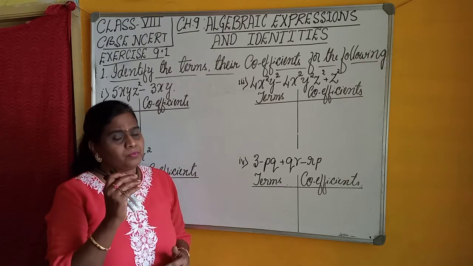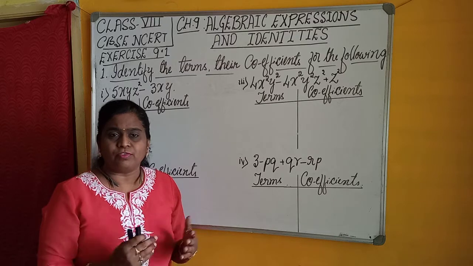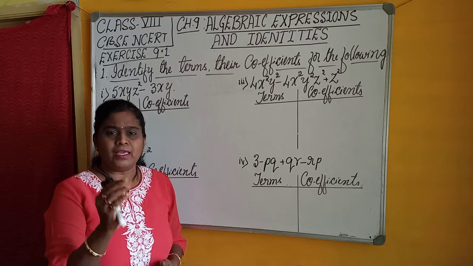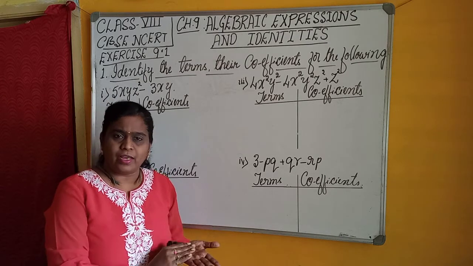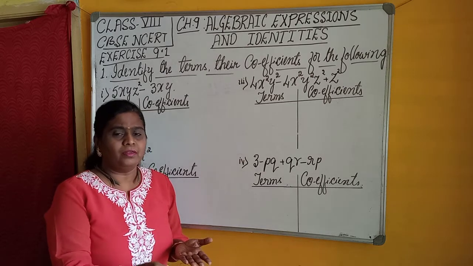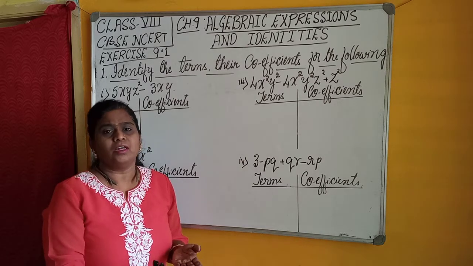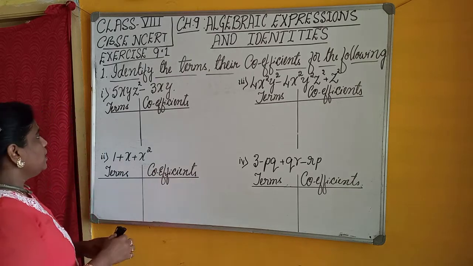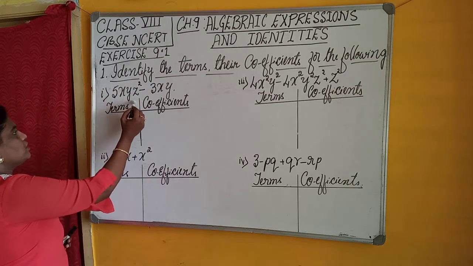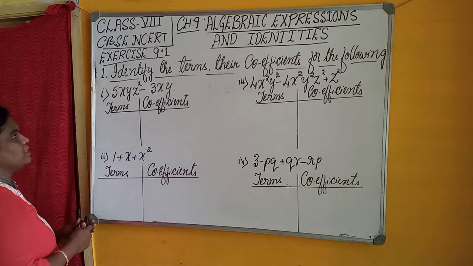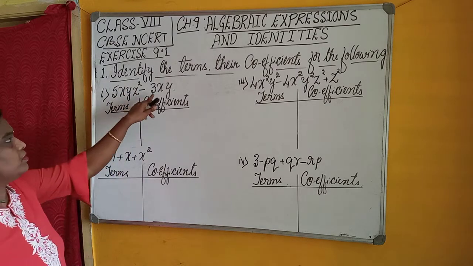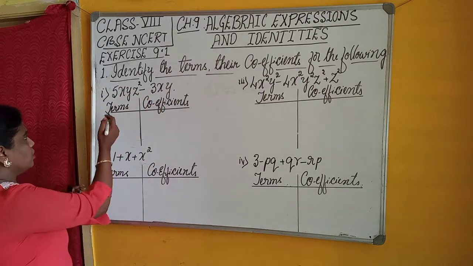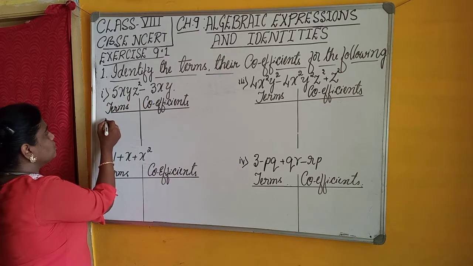Factors means it may be a product of variables, a constant, a variable, or a single constant. Here, 5xyz square is a term and 3xy is another term.